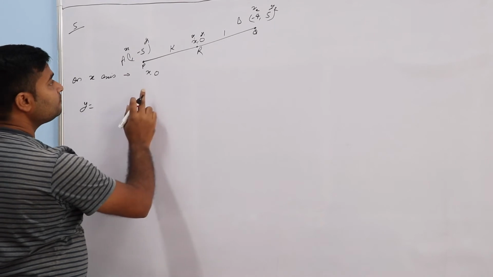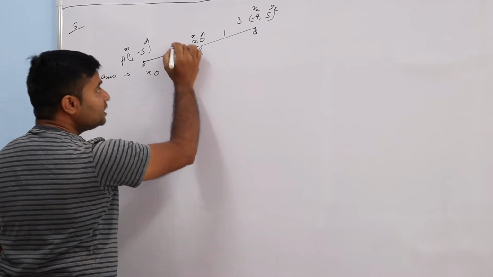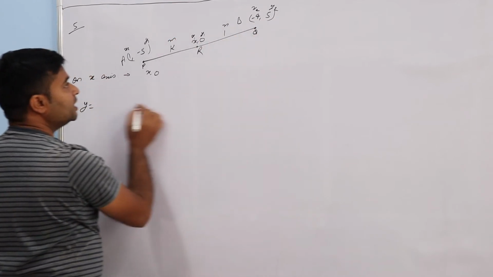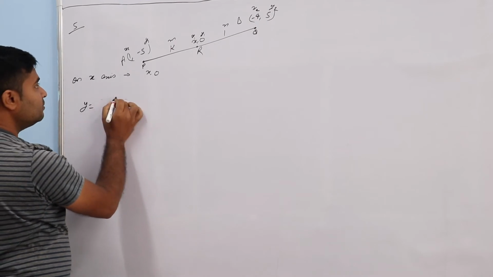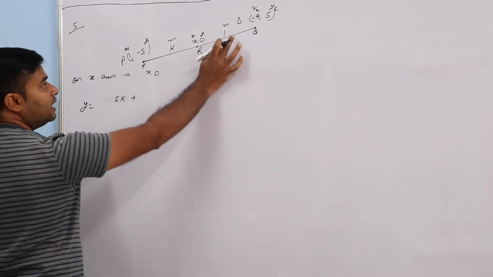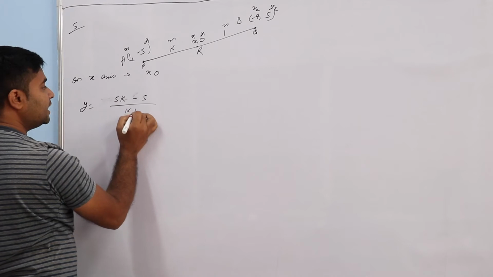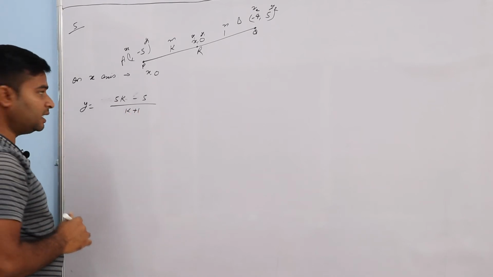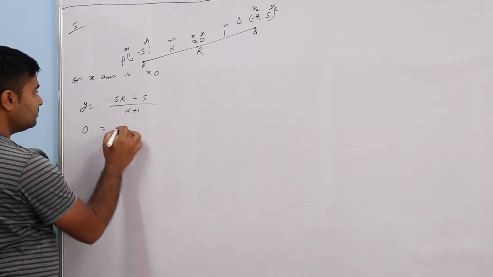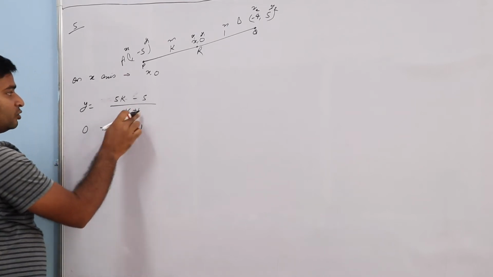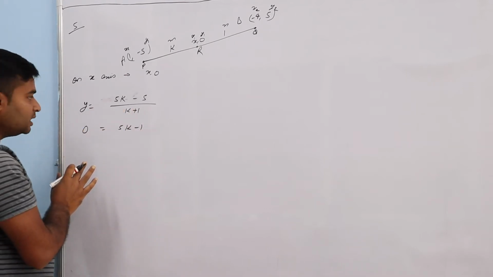So y is equal to 0. m y2, so y2 means 4, y2 is 5, right? So 5k plus n y1 minus 5 by k plus 1. y is equal to 0, so if we bring this side, k plus 1 also becomes 0.